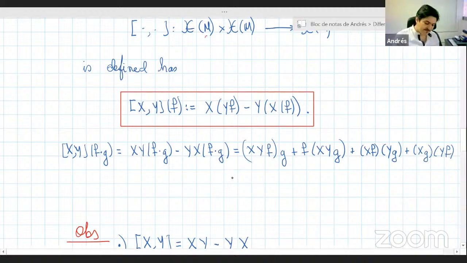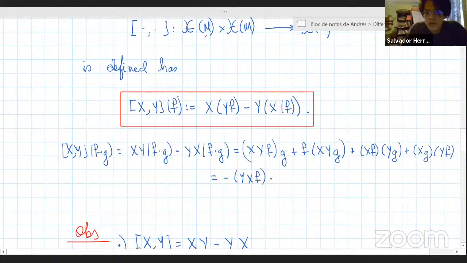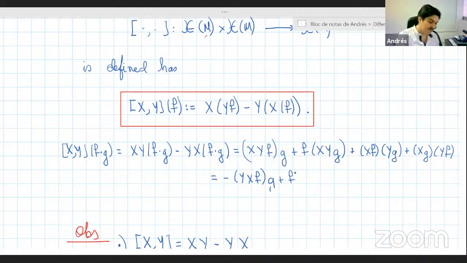Now you have to tell me what to write for the second part. So I have a minus. So we need to replace X by Y. Right, Salvador? We just replace X by Y. Okay, so here I will get Y X f g, plus, oh sorry, minus. Everything has to be minus.